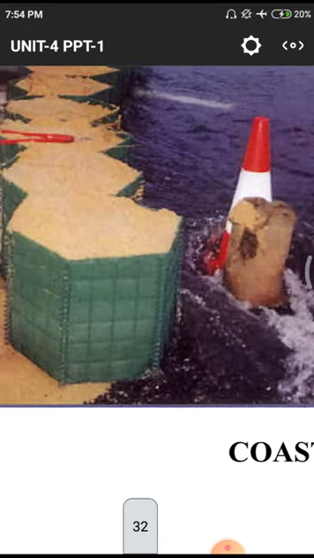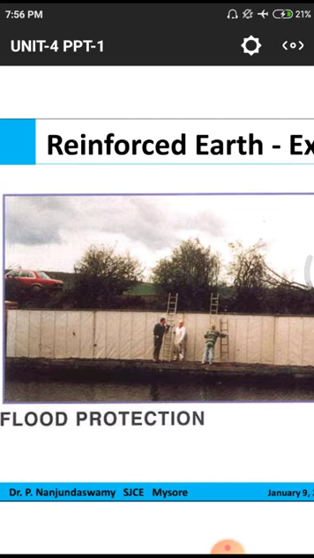Here also there are pre-constructed blocks used on the structure, which are useful for protection from floods. Whenever there is a flood, with the help of the movement of water, the total soil will be degraded and there will be loss of some structural profile.